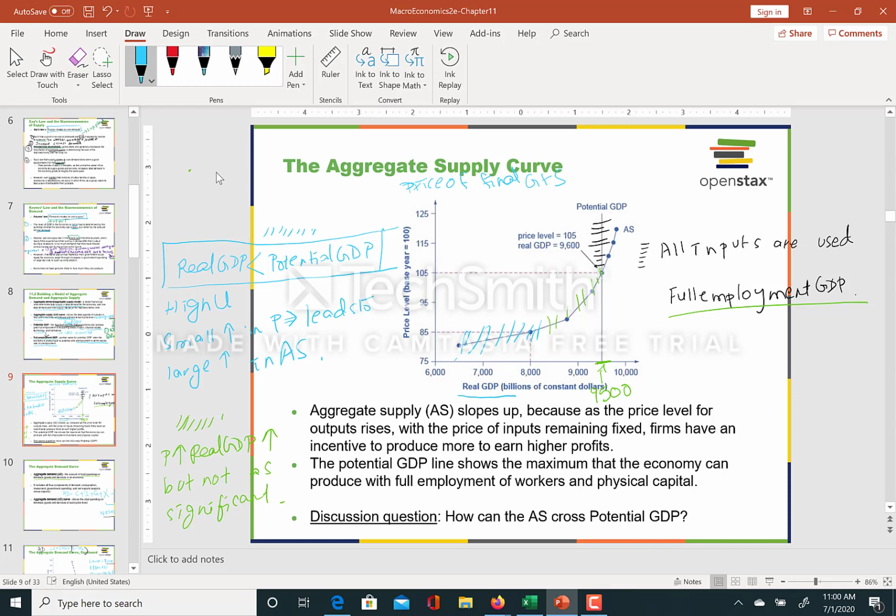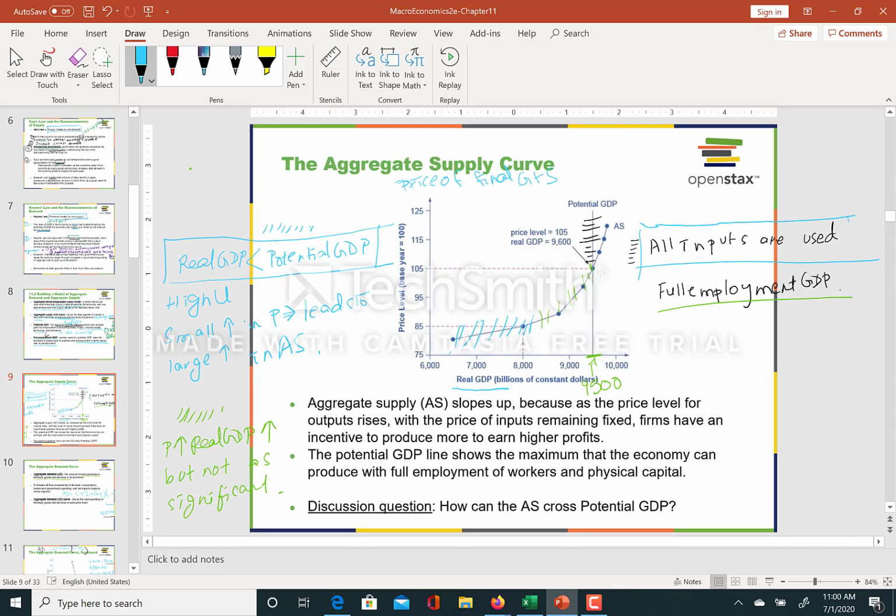My assumption all over this graph is that input prices are fixed, and in this far left of the aggregate supply curve, if we increase prices by a little bit, all the businesses which were working part-time will swing into production, and real gross domestic product will increase by a lot because there will be a large increase in aggregate supply.